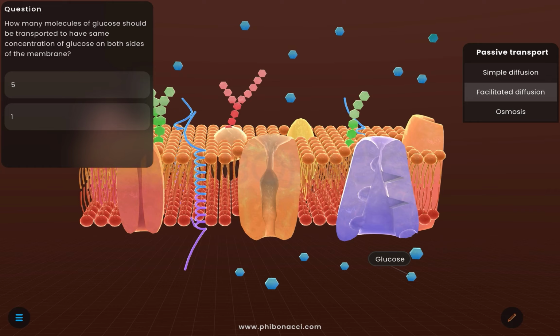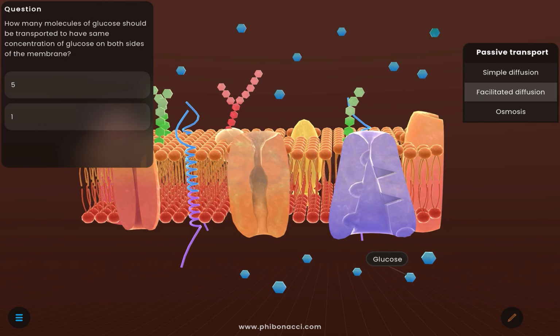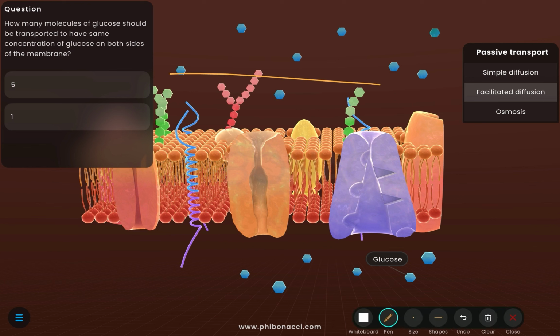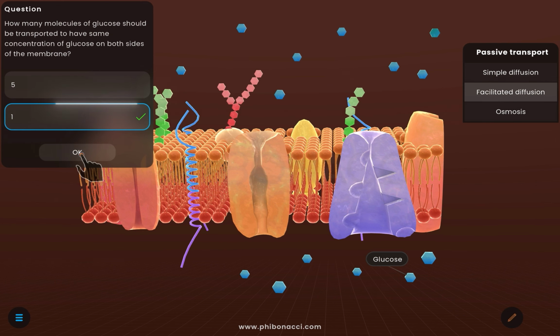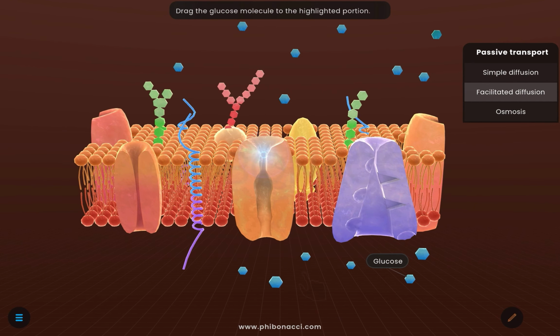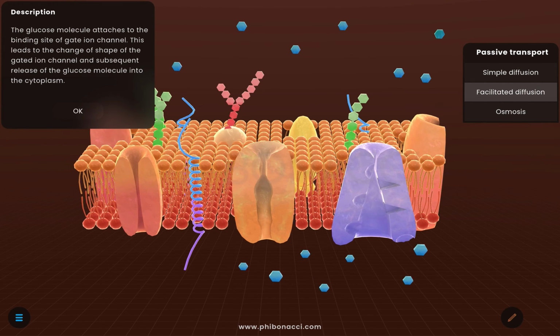So if we keep that in mind, one glucose molecule is something that we need to transport from the outside to the inside, and then that concentration becomes equal. So we'll just do that. This is one, and we'll drag this glucose molecule to this channel protein because it's a facilitated diffusion. And now you can see that the number of glucose molecules on both sides of the membrane is equal, and thus the facilitated diffusion process has taken place.